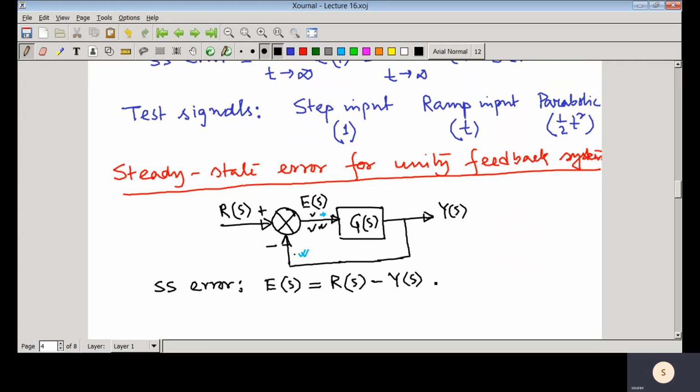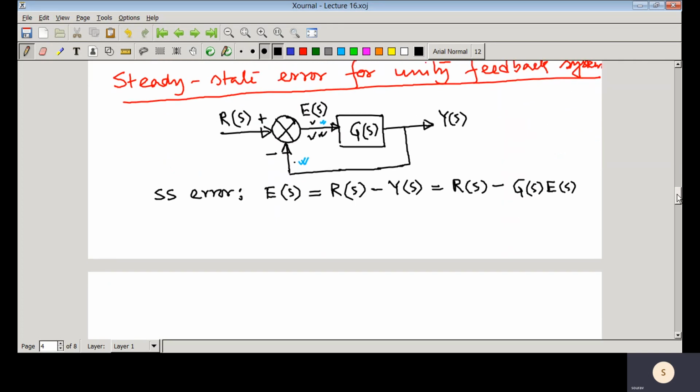So then we can just write that R(s) minus Y(s) equals G(s) times E(s), and if we simplify it, we will get that E(s), that steady state error signal, is R(s) divided by 1 plus G(s).